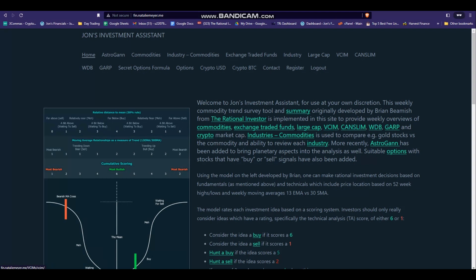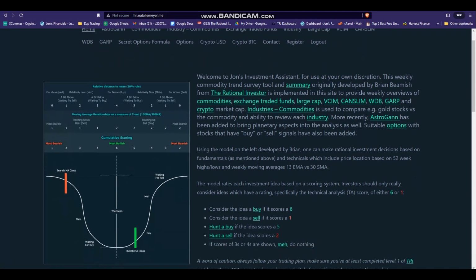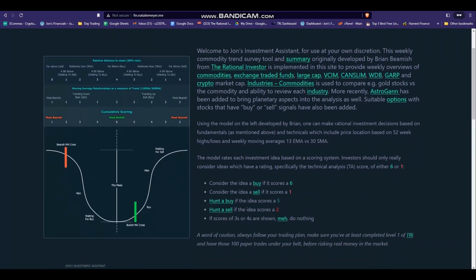The site screens for assets with these different FA criteria, and then applies the model on the left. You'll get a rating of either a 6 for a buy or a 1 for a sell. A 5 is getting close to a 6, so maybe you start hunting a buy, and a 2 is getting close to a 1, so you start hunting a sell. 3s and 4s are in the middle of the range, so you don't really want to do anything.